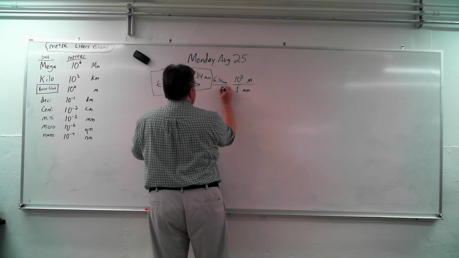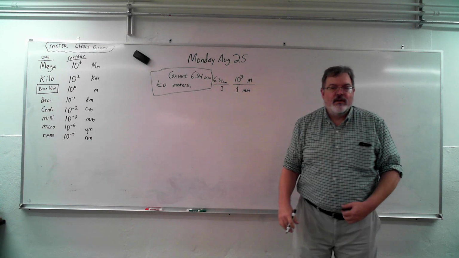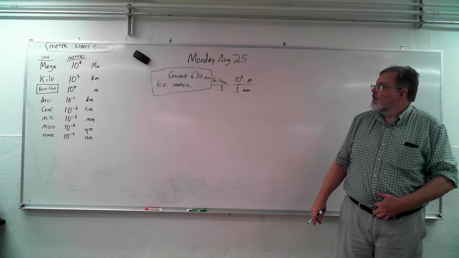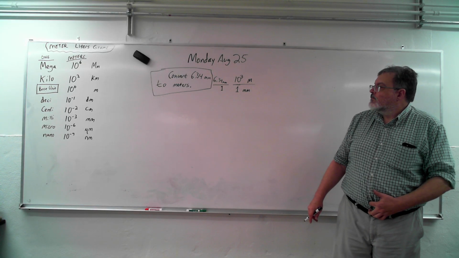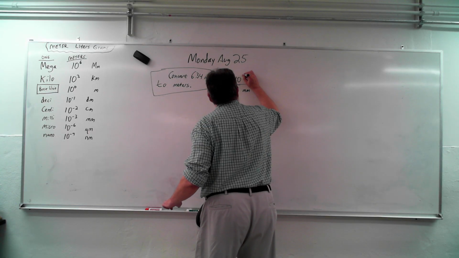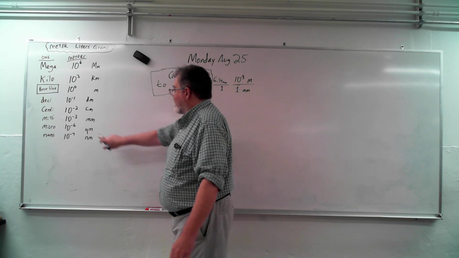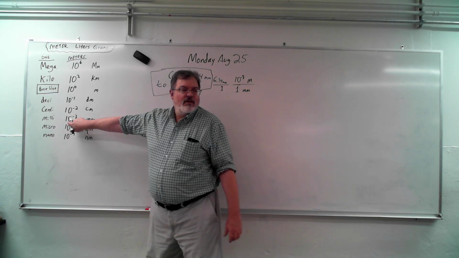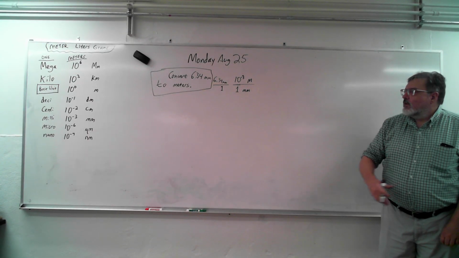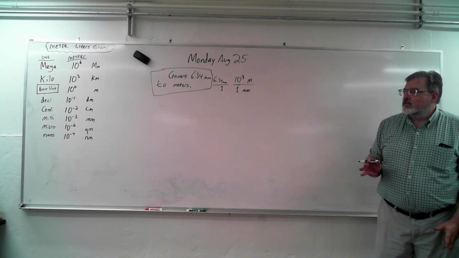I like my little one here. Give me a numerator and a denominator. Would the 10 to the 3 meters not be 10 to the negative 3? Yes, it would. Thank you. Yes, I meant for that to be literally this number. I left the negative off.